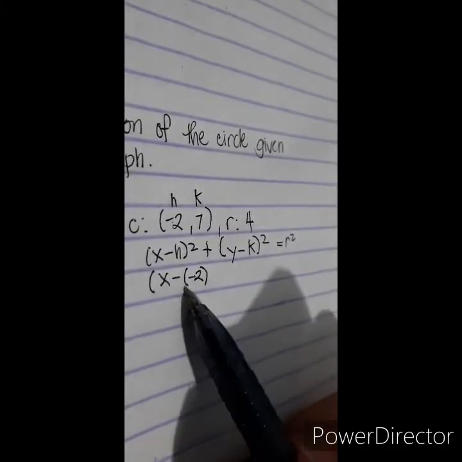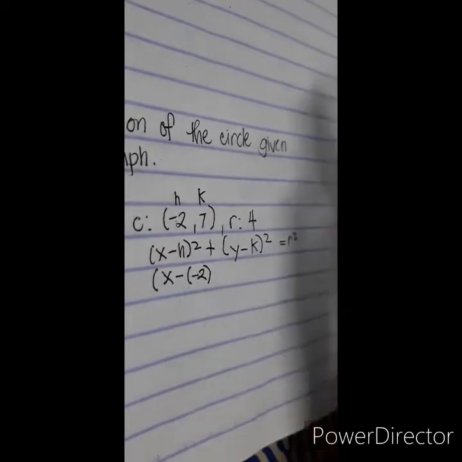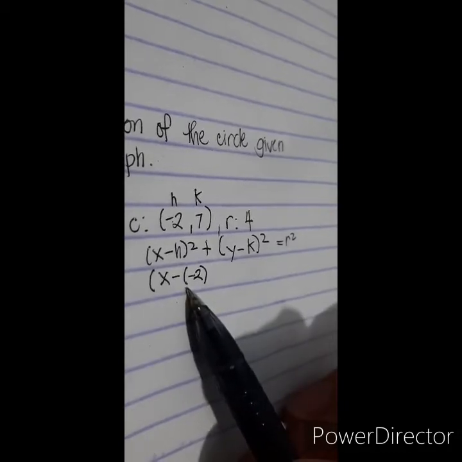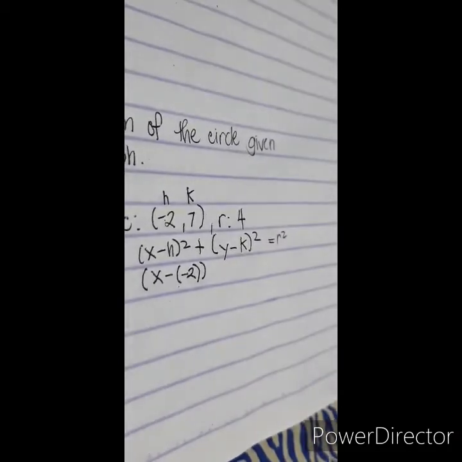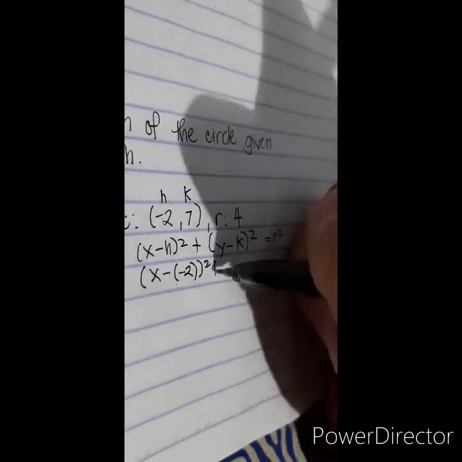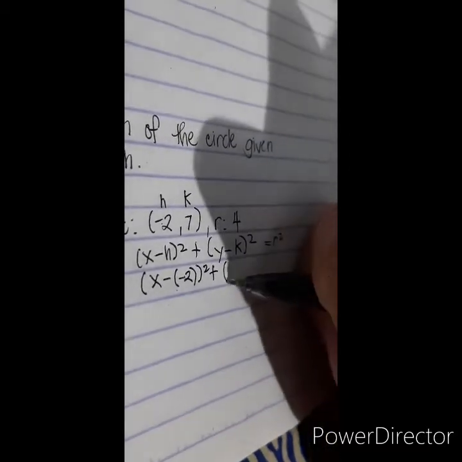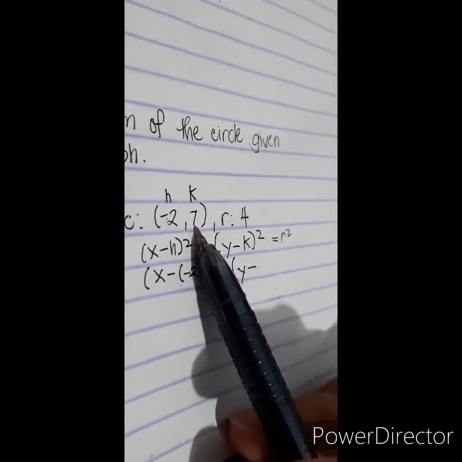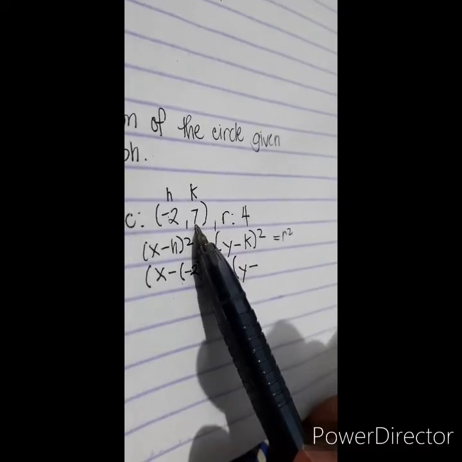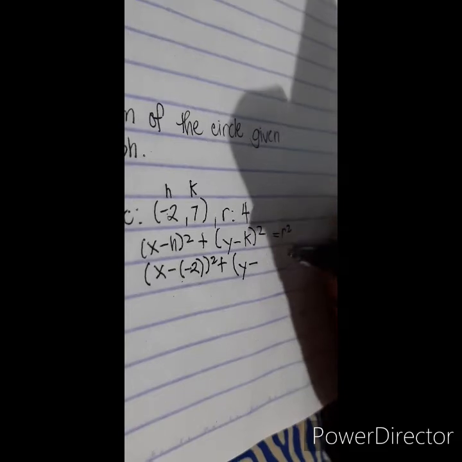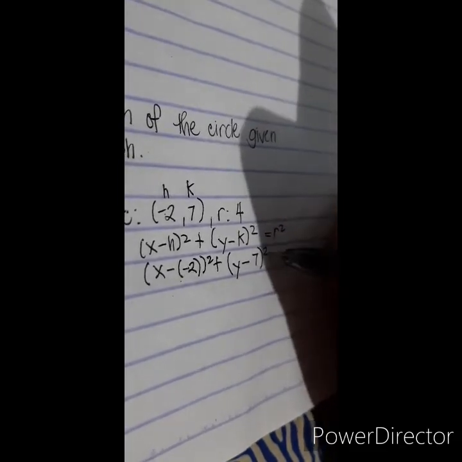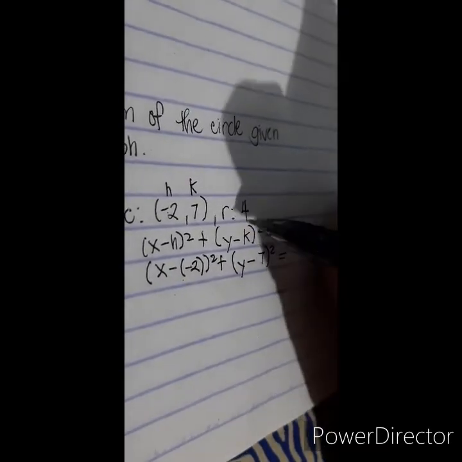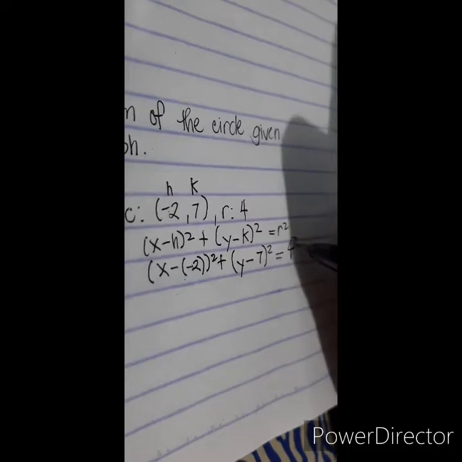So we have an open parenthesis. Make sure that the close parenthesis is also there, and raise it to 2, plus, and next an open parenthesis, y minus the value of k. We have positive, so no need to enclose it in parentheses. So we will just write this directly and square the y minus 7, which is equal to the value of radius 4 raised to 2.